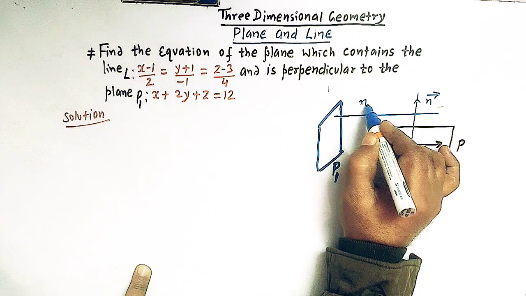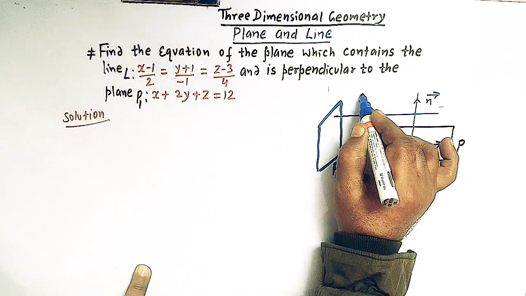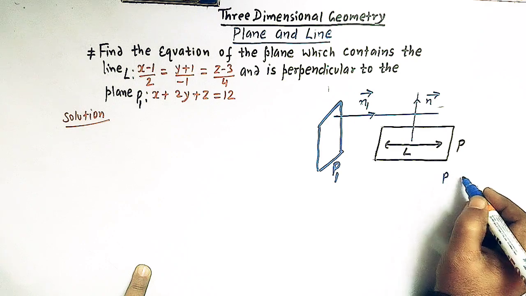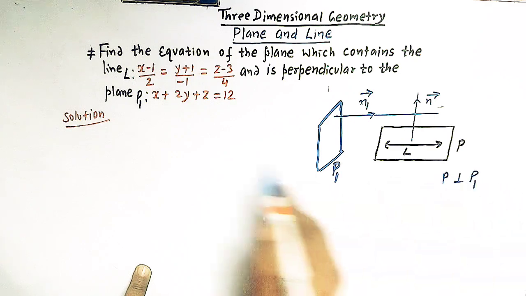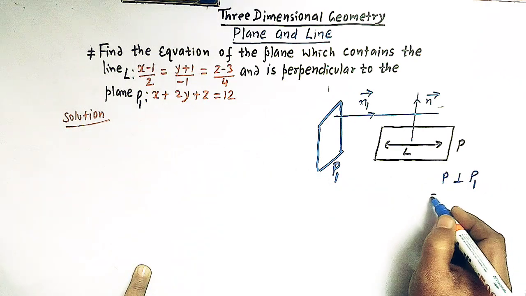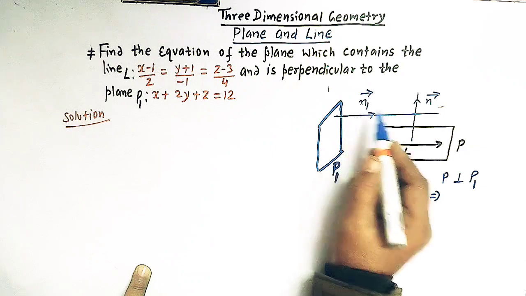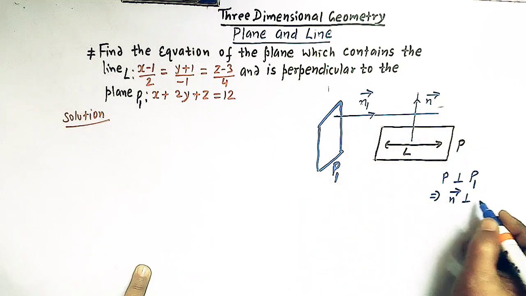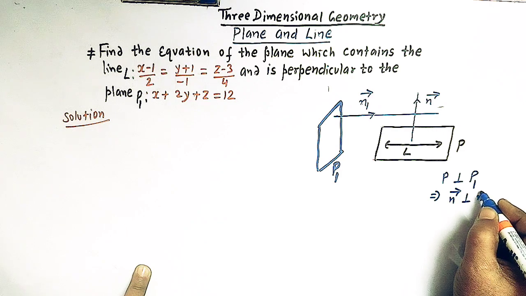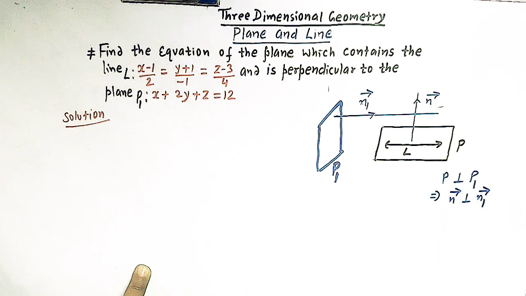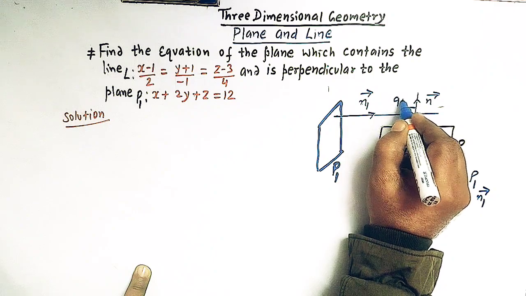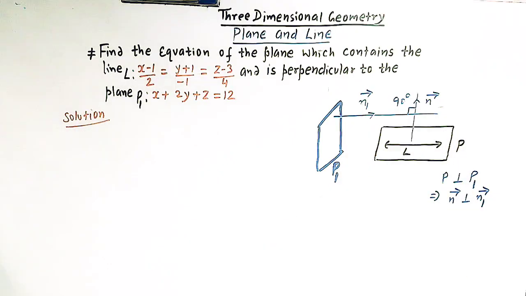This is our normal vector n1, and since plane P is perpendicular to plane P1, it implies that the normal vector n is also perpendicular to the normal vector n1. So this angle must be 90 degrees.